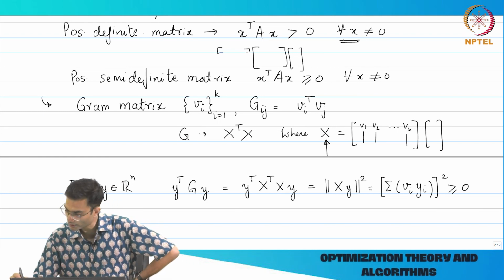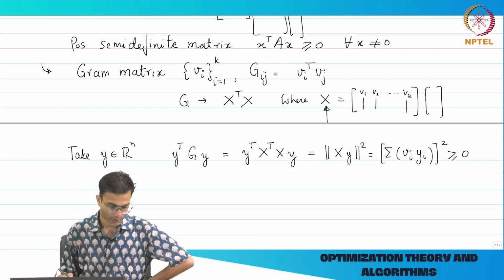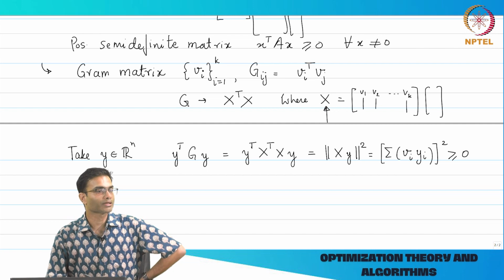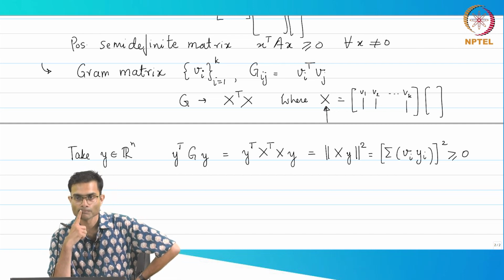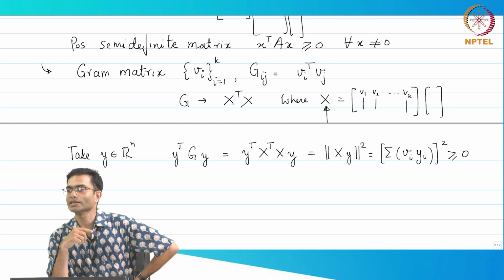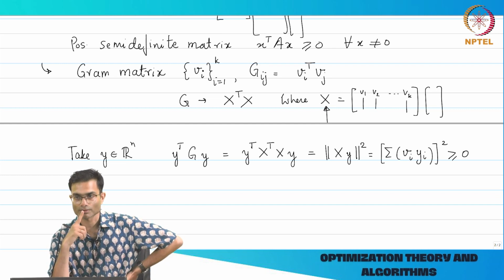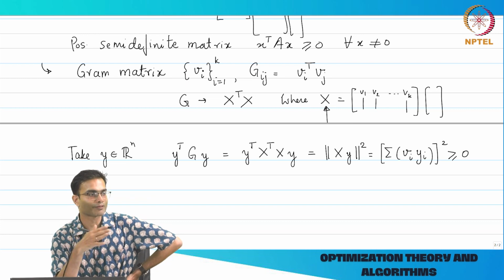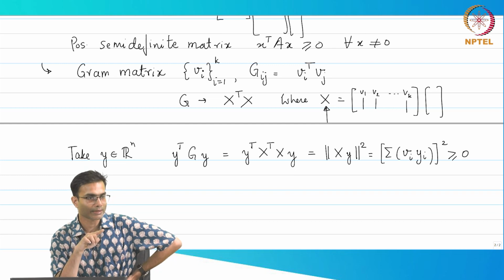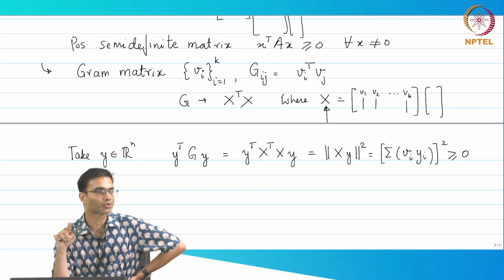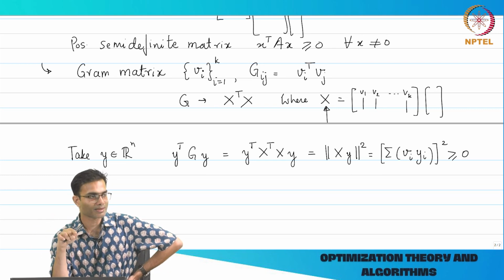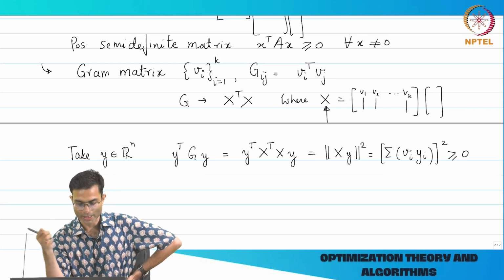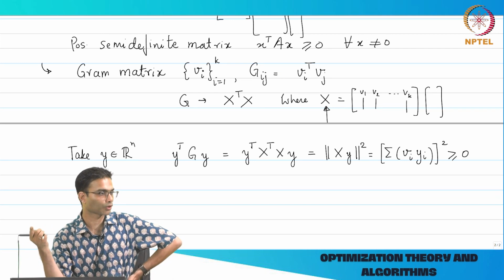Okay. We can even make it a little bit more precise. So when will it be greater than 0, and when will it be greater than or equal to 0? This is related to the linear independence of vectors. If I give you a set of vectors that are linearly independent, then can their linear combination sum to 0? No, unless the yi's are 0, right? But taking yi equal to 0 is trivial, so I'm not going to consider that.